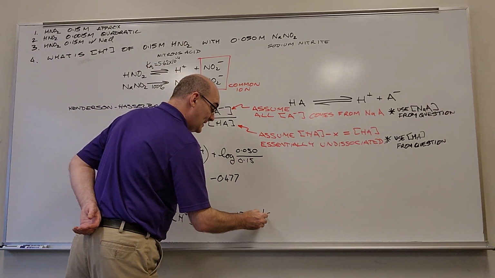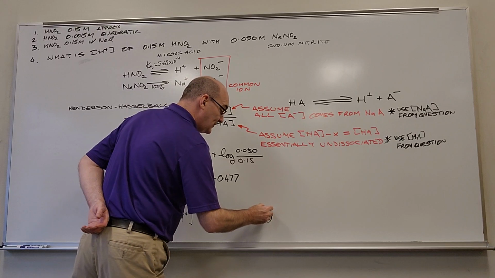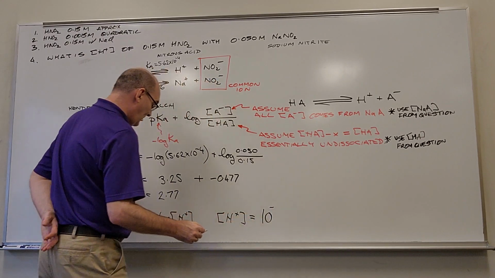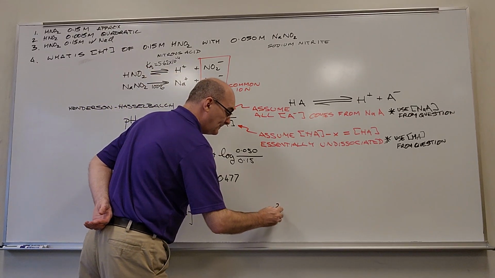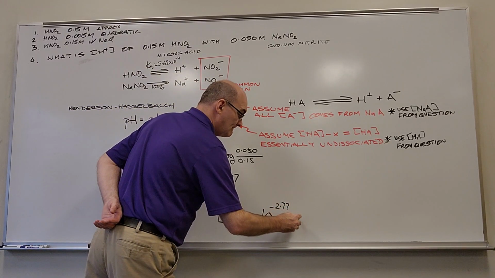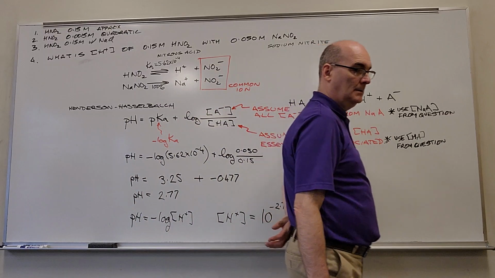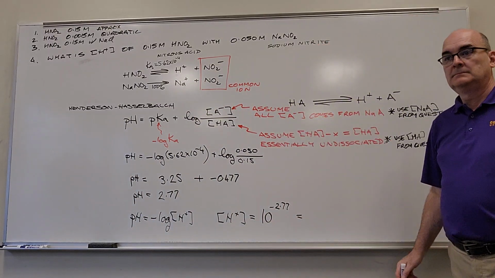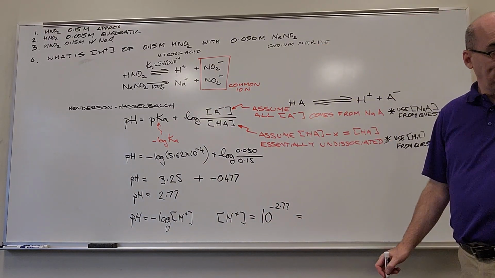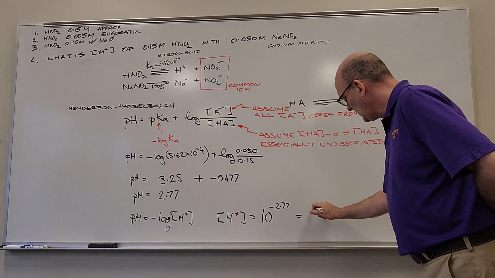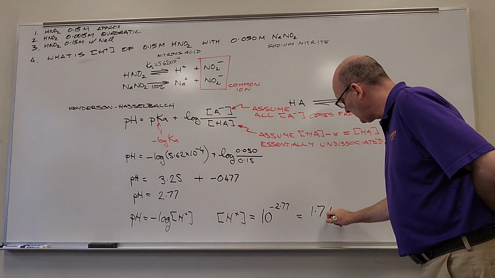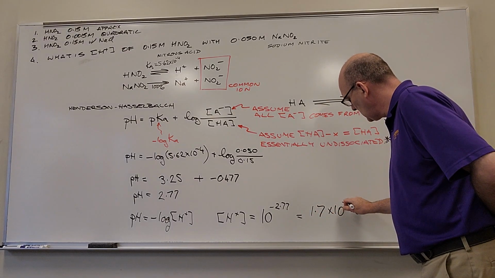This is 10 raised to the negative value of the pH, which is 2.77. What'd you get? I got 0.0017. Oh, yeah, okay. I got that as 1.7 times 10 to the negative 3.